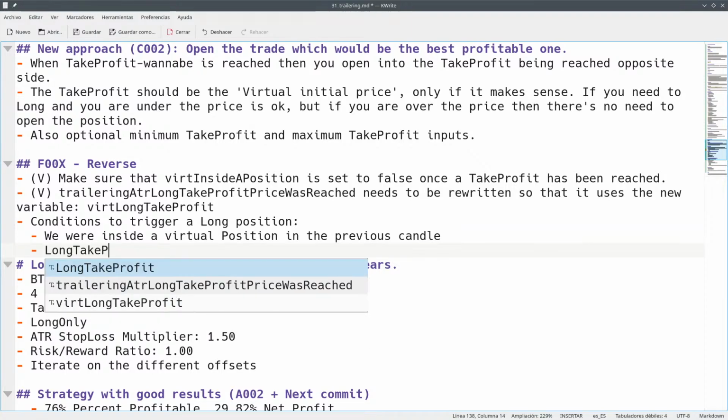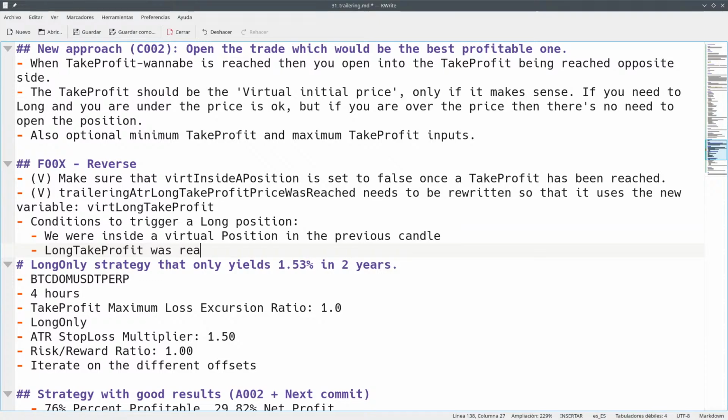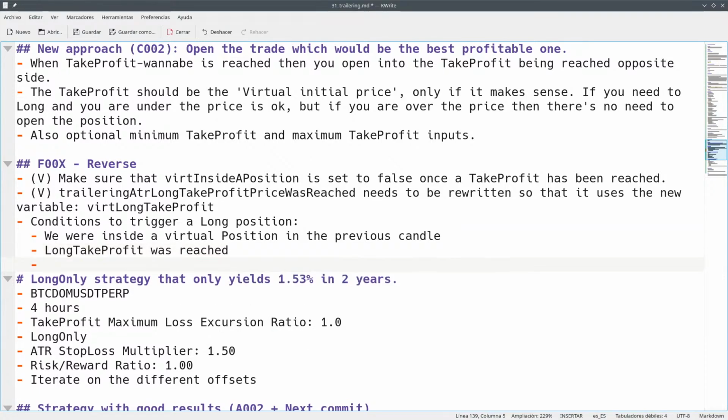Long take profit was reached, and price is below the virtual price, is below the bear position price.